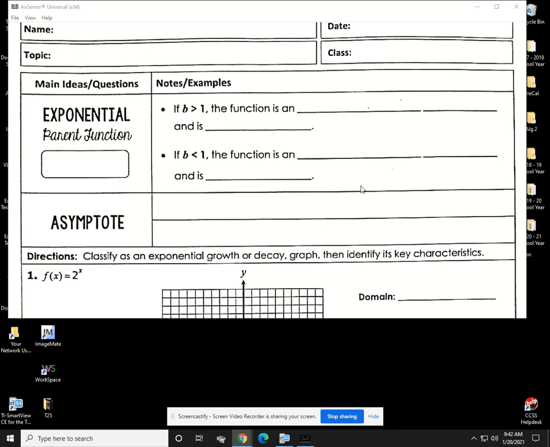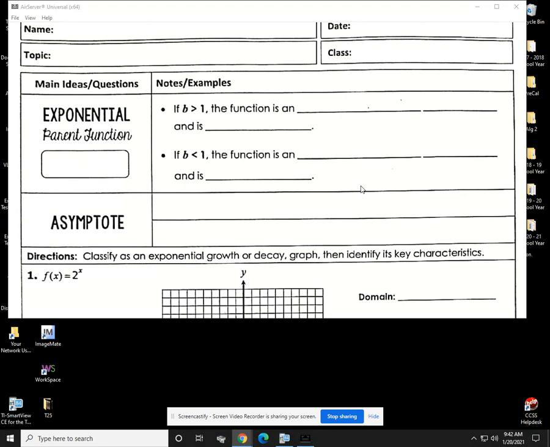Alright, so today we're talking about exponential functions. In the past, we've done functions that have exponents in them. Quadratics have exponents, don't they? Quadratics is x squared, right? Well, I know it has an exponent. That's not what makes it exponential.